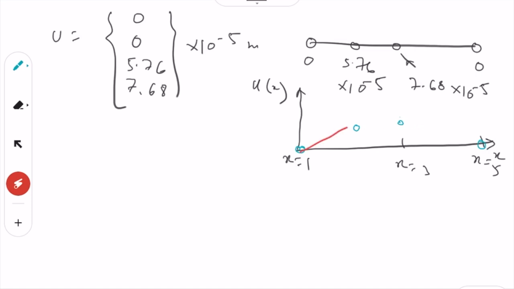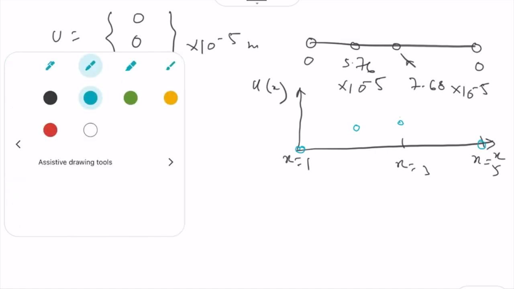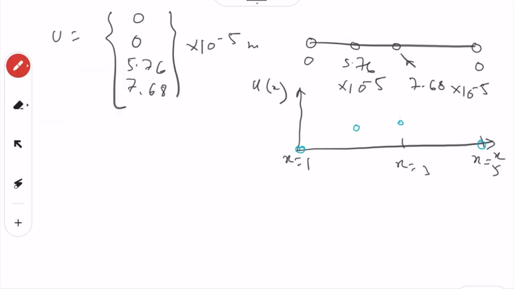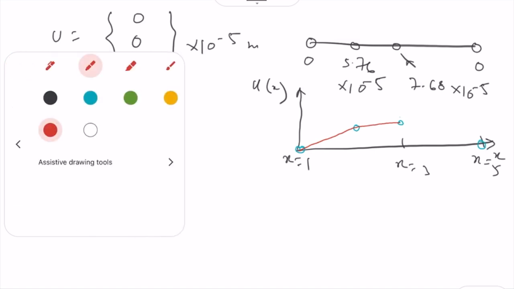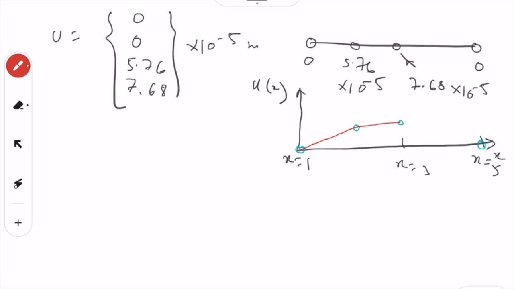So we go like this, and then this will come to 0, so from 1 it will be 0, like this, and this will be linear.